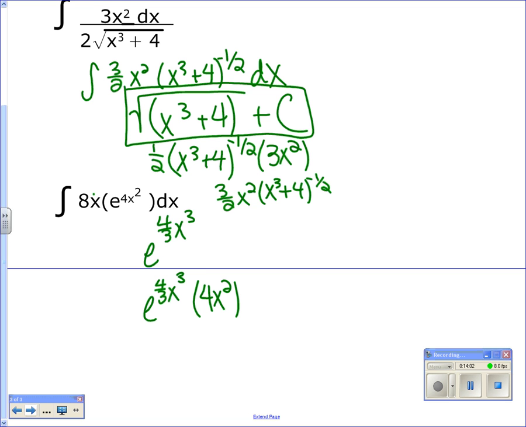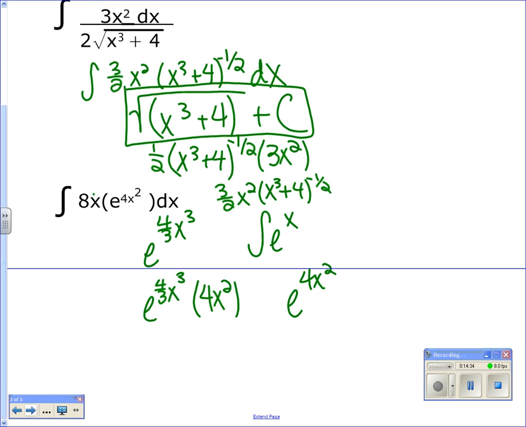Is that right? No. That's not what we started with. If you integrate e to the x, what is that? Okay, so we've got an e to the x in there. What is our e to the x, though? E to the 4x squared.